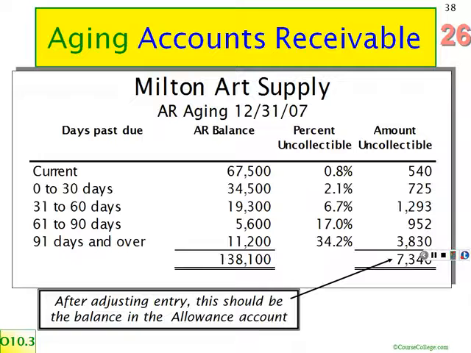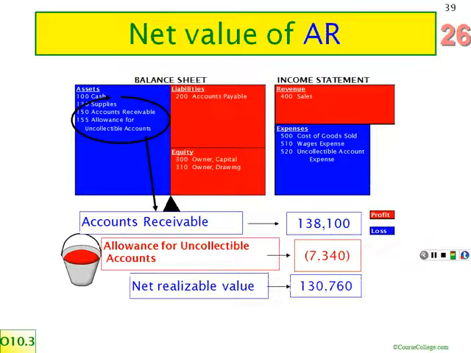Okay, so that's aging, and that helps us understand a little bit this method here. So here's a big picture of the balance sheet focus. Net value of accounts receivable, you set the allowance account for the amount that you calculate using a sophisticated analysis of the historic bad debt suffered by the balances in receivables that you're staring at.